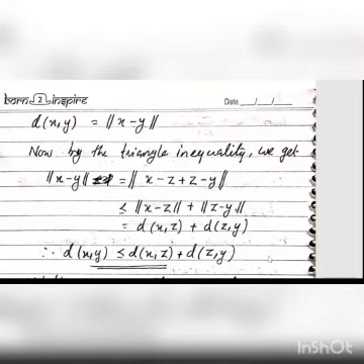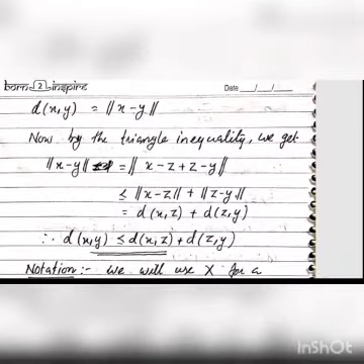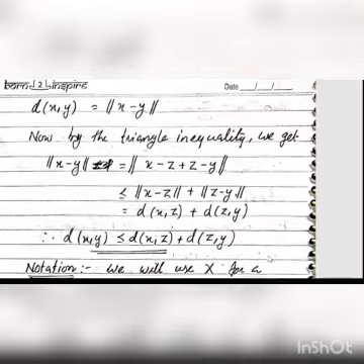Now we can split the norm by using the triangle inequality. We will get d(x,z) plus d(z,y). So d(x,y) is less than or equal to d(x,z) plus d(z,y).